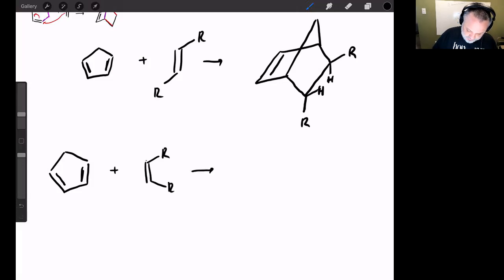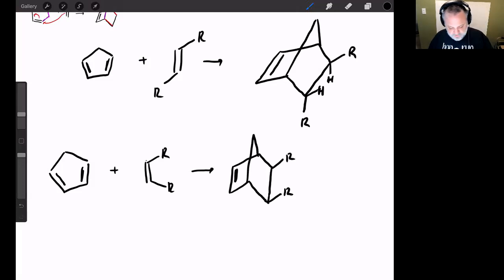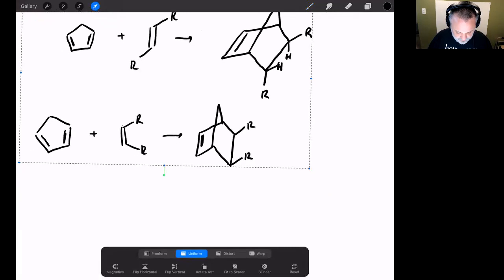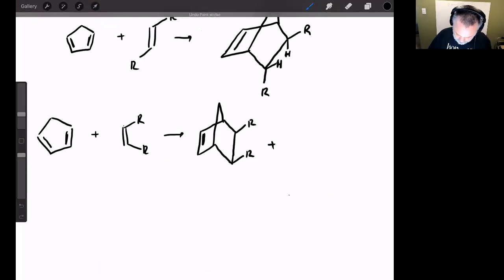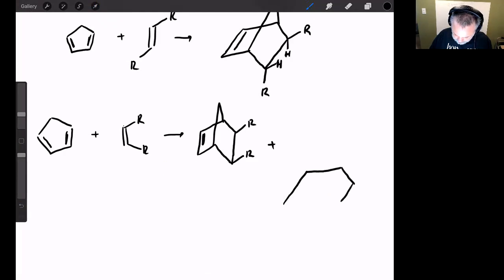What I'm getting at is that one version looks like this, where the R groups point the same direction, up, and another version is like this, where the R groups point the same direction but down.